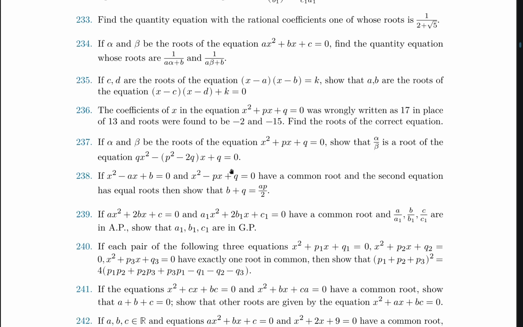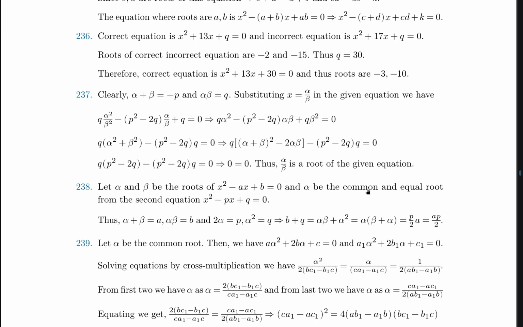Question 238 says that x² - ax + b = 0 and x² - px + q = 0 have a common root, and the second equation has equal roots, then show that b + q = ap/2. So we let alpha and beta be the roots of the first equation, and alpha is the common and equal root of the second equation.